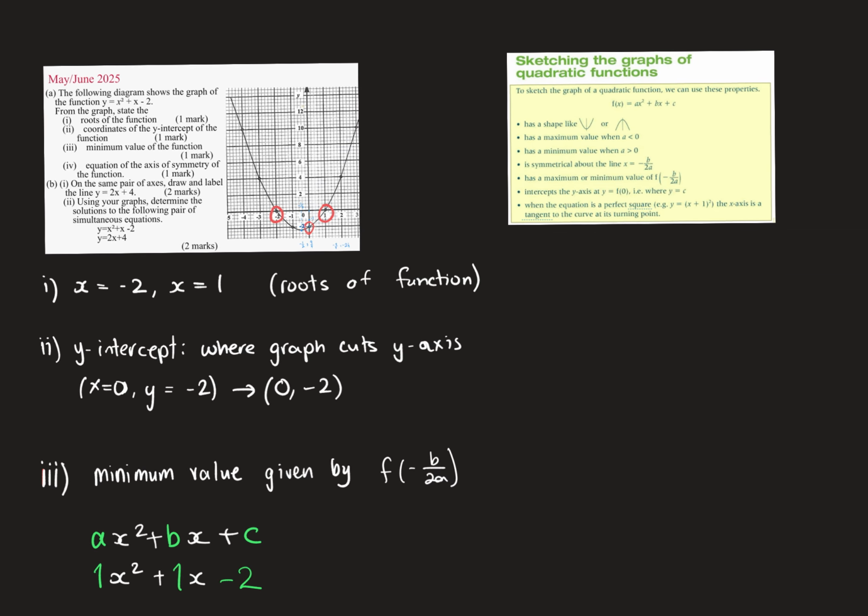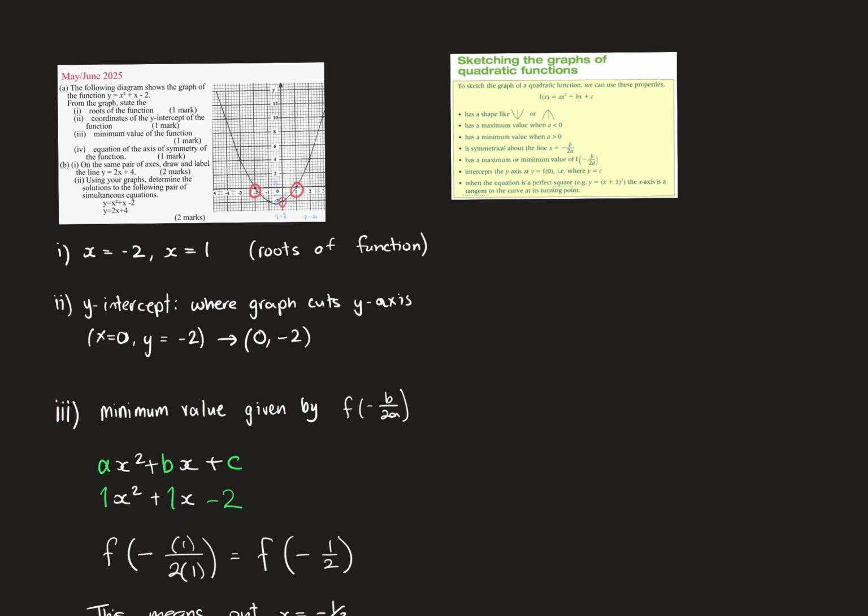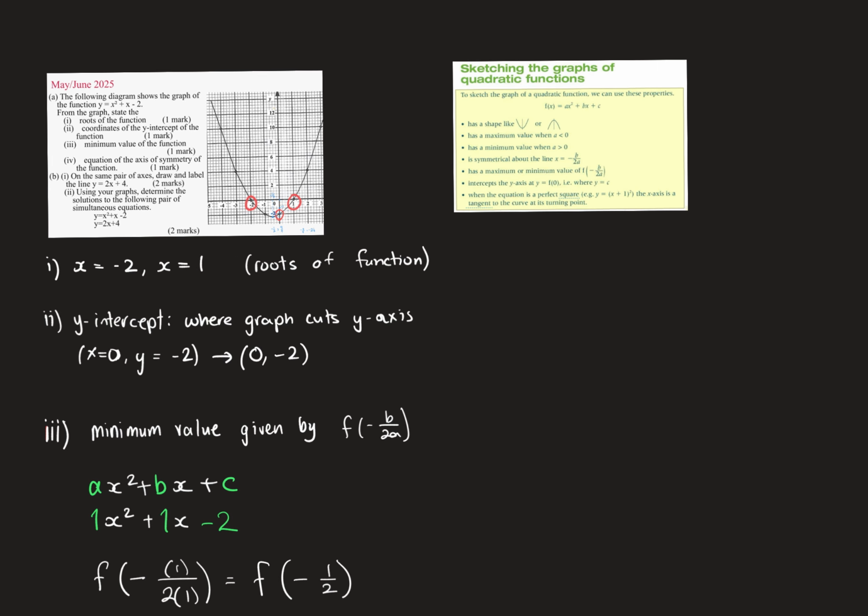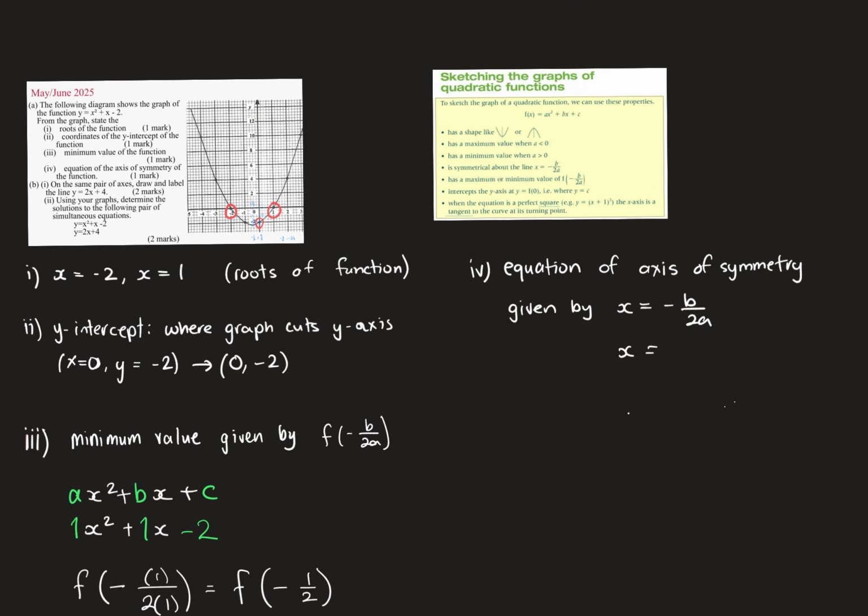The other question that they have is to find the equation of the axis of symmetry. That's given by the equation x is equal to that same minus b over 2a. And we found that minus b over 2a to be minus half. So that's the equation of the axis of symmetry, x equals minus half. Is it really?